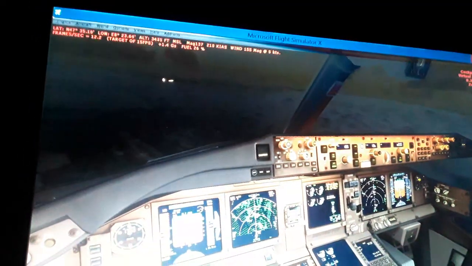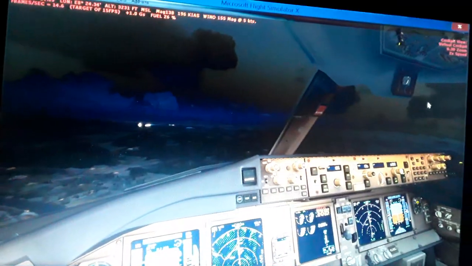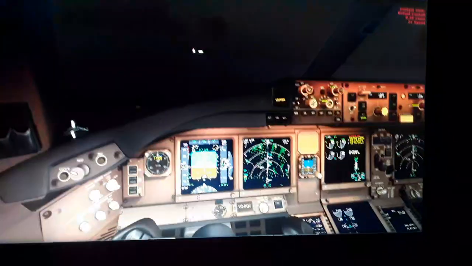Over here you can see where we are, to the runway as we descend. So we are closer and closer to the landing. Over here we have about 2 more minutes left.